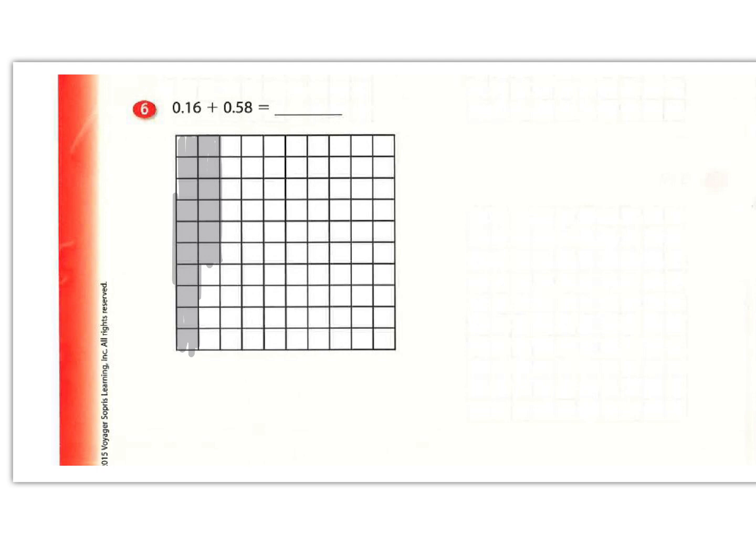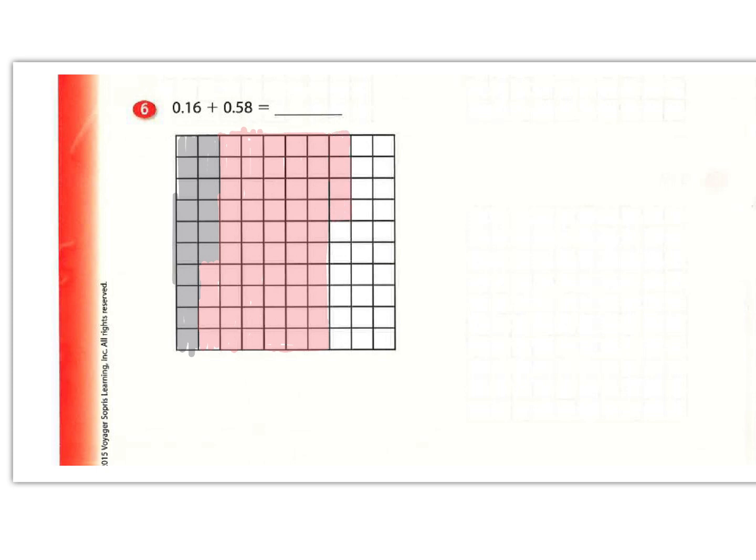Okay. And then I need 58 hundredths. Well, I will do the tens first. So 10, 20, 30, 40, 50. Okay. And then I will add in the last 8. So there's 50, and then I need 8. So I'm going to shade in these 4. So 1, 2, 3, 4, and then 5, 6, 7, 8.